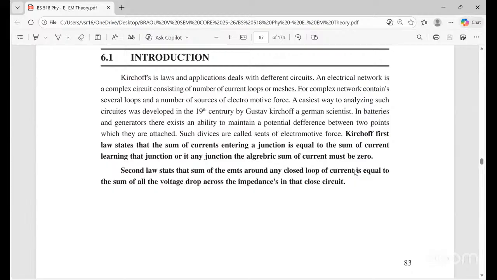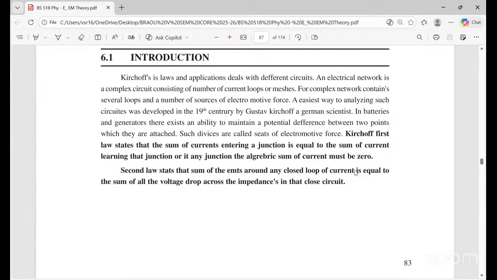An electrical network may be complex, not in the simplest form, with a transistor, resistor, power source, capacitor and inductor, a zigzag of many components. It consists of a number of current loops as well as meshes, and also contains several loops and a number of sources of electromotive force.